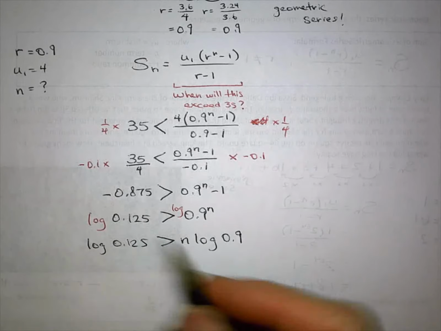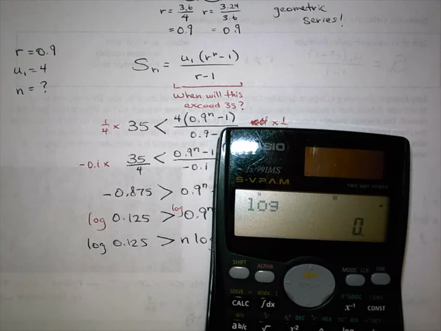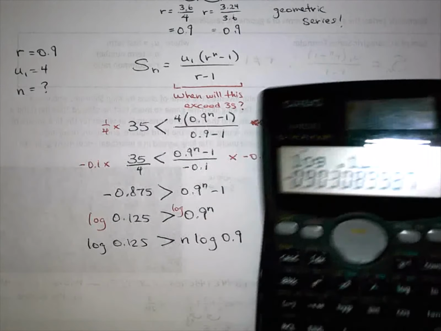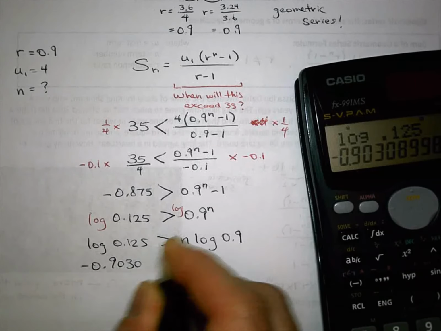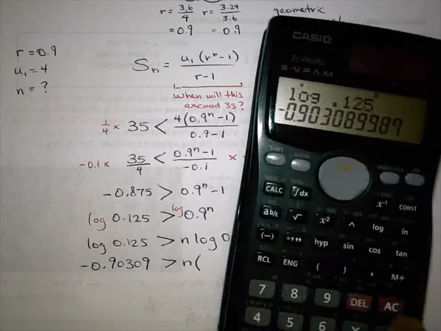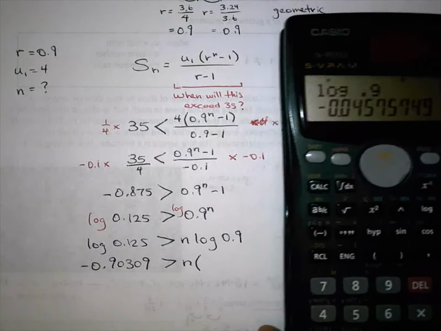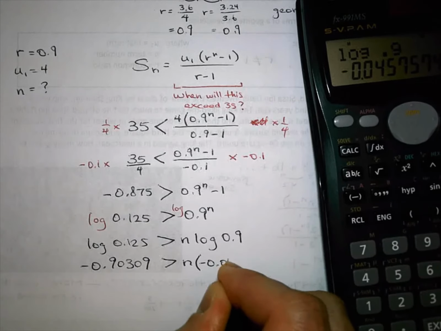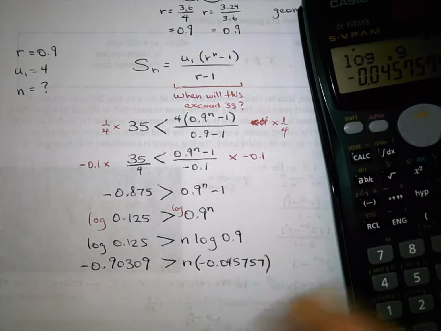So what I often recommend, especially in inequalities like this, if you have a tendency to get confused, maybe it's best to turn the numbers into decimals, just so that you don't accidentally forget to switch the signs. And really, any log of a number less than 1 is going to be negative. So I have negative 0.045757.